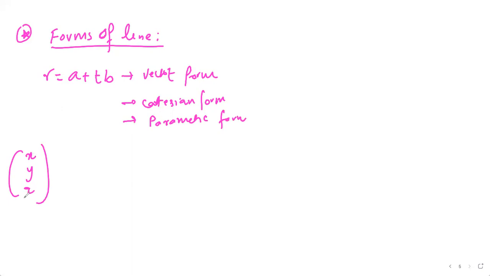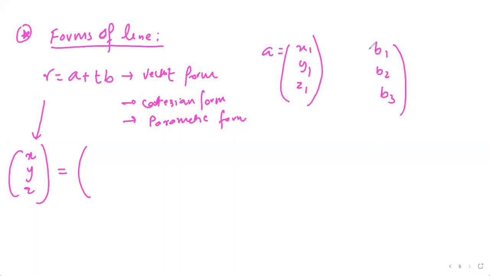So if I have (x, y, z) as r, and let's say a is (x1, y1, z1), and the direction vector is (b1, b2, b3). So that's my direction vector, and this is the initial point.